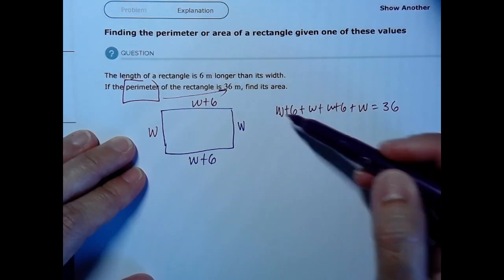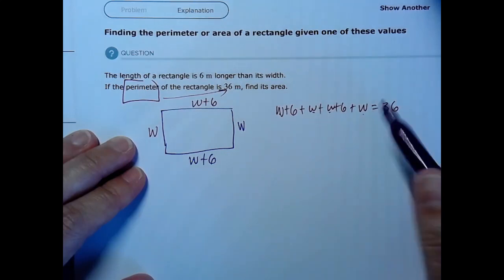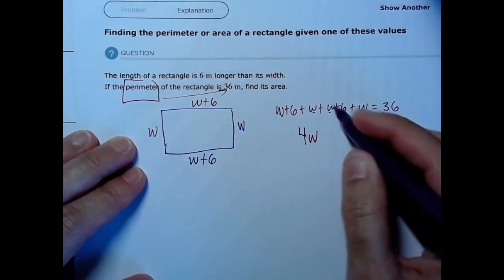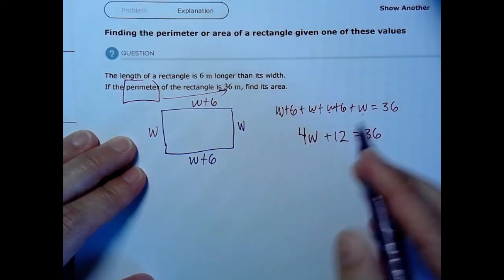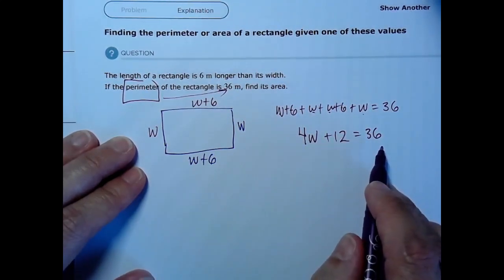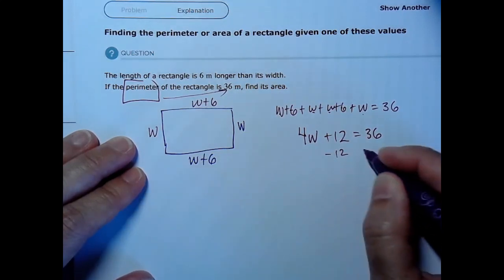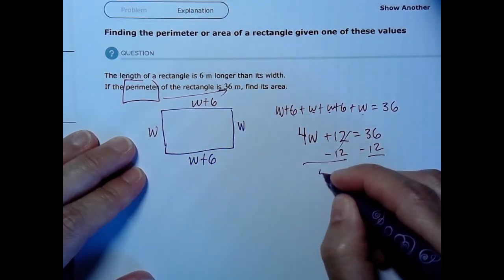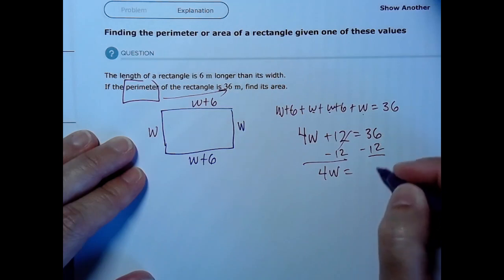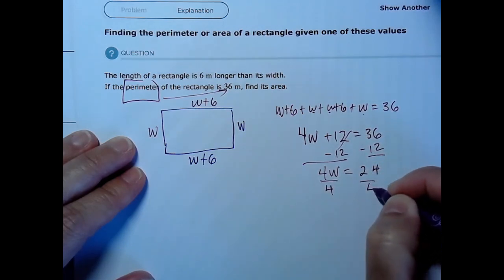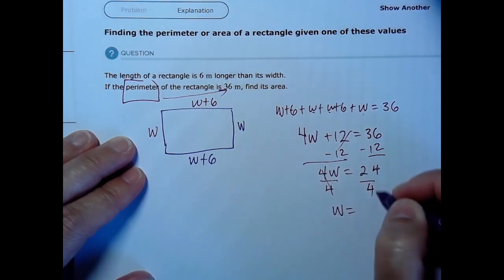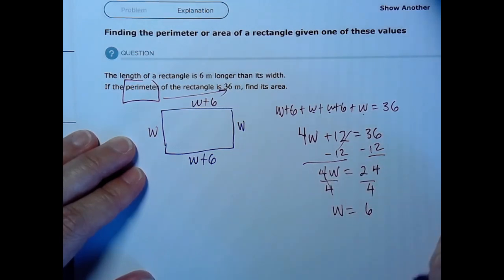That's W plus W plus W plus W, that's 4W, and then 6 plus 6, that's 12. So 4W plus 12 is equal to 36. Now I can subtract 12 from both sides, and I get 4W is equal to 24. I divide by 4, so the width of this rectangle is 6.